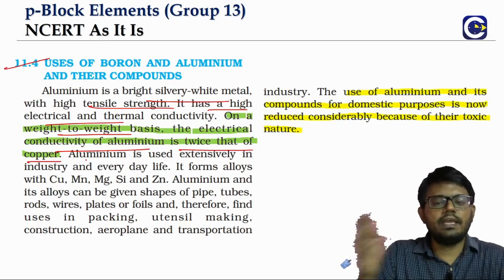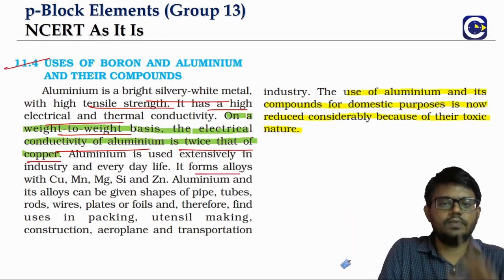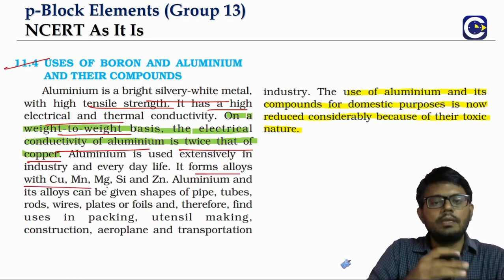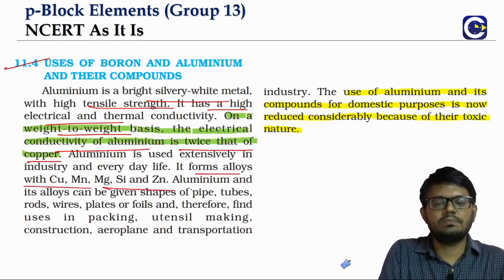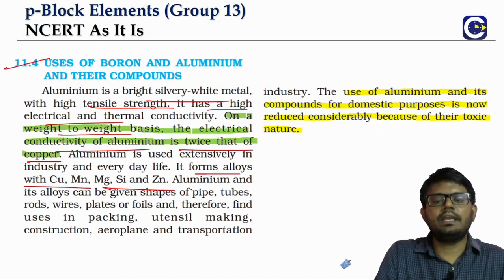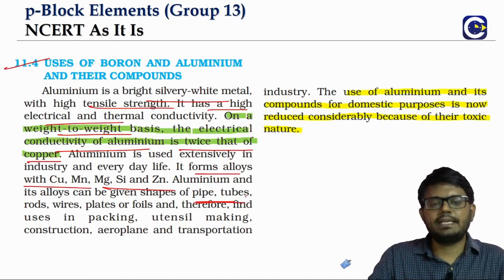Aluminum is also used in various industries in our day-to-day life. We have various alloys, which we'll discuss when we get to metallurgy. Alloys of aluminum can be formed with copper, manganese, magnesium, silicon and zinc. They are used for pipes, rods, tubes, plates and foils.